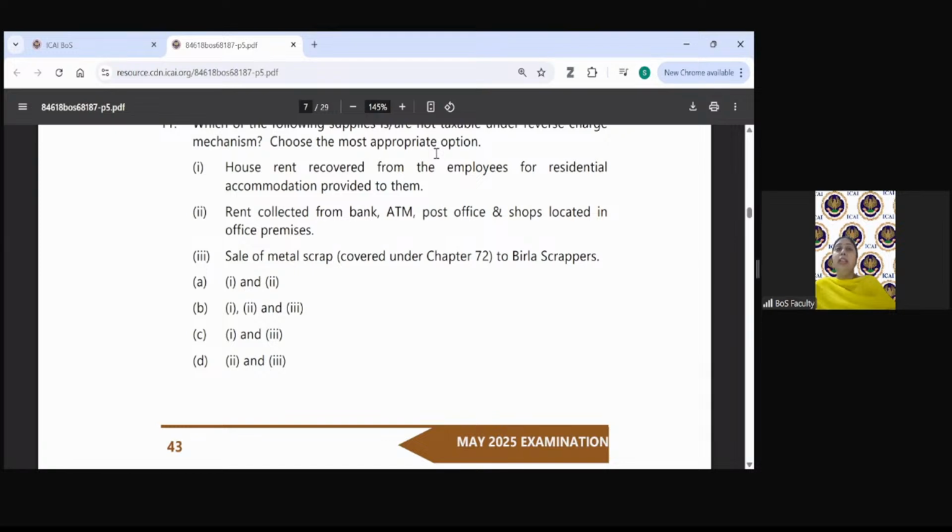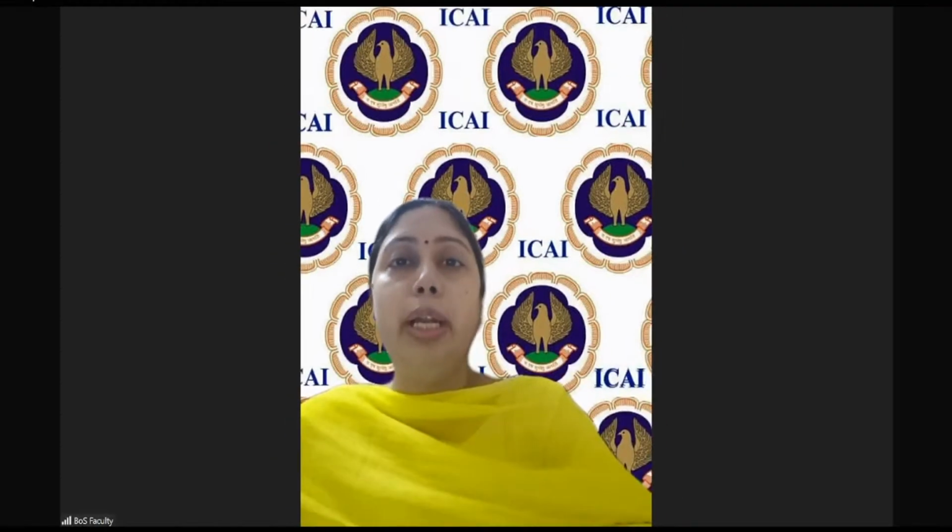So you should be making use of them, and you should appear for your exam with full confidence, full rigor. Whatever time is left, please try to make full use of it, and don't waste even a single minute now. Now, this is the time when you have to actually perform. And whatever time is left, whatever you have completed, not completed, give your 100% and try to attempt your examination with full rigor and confidence.